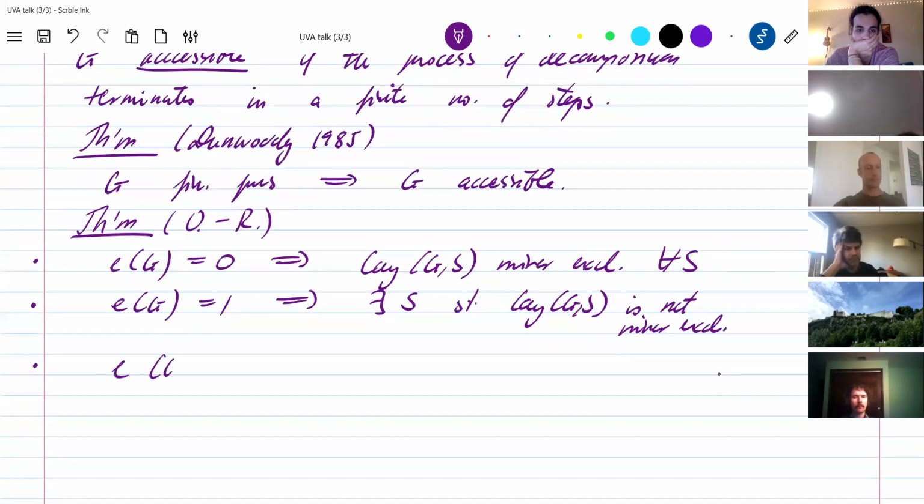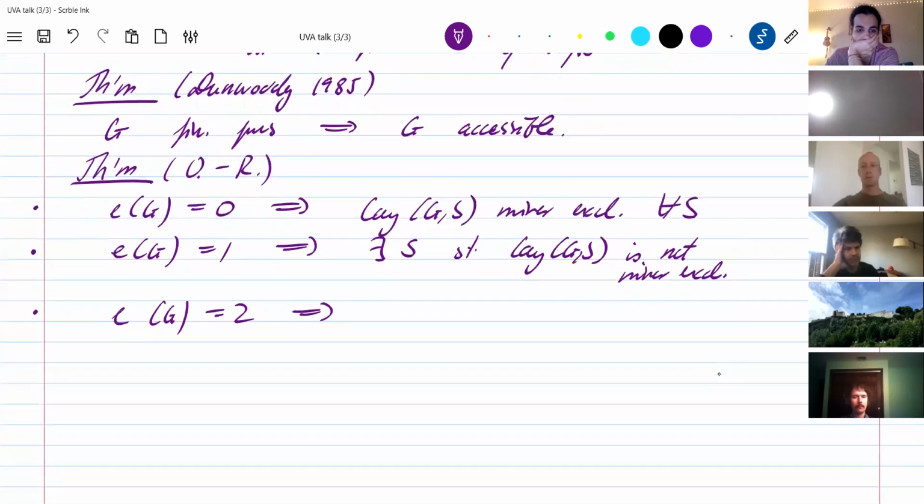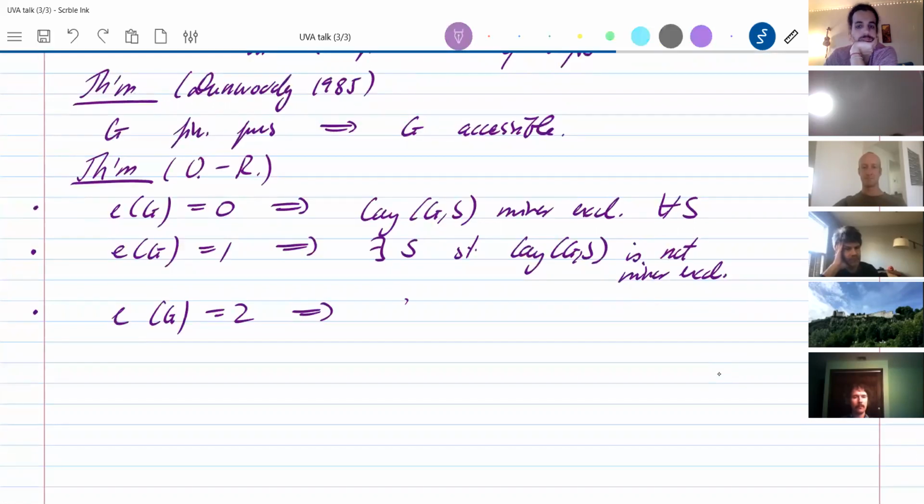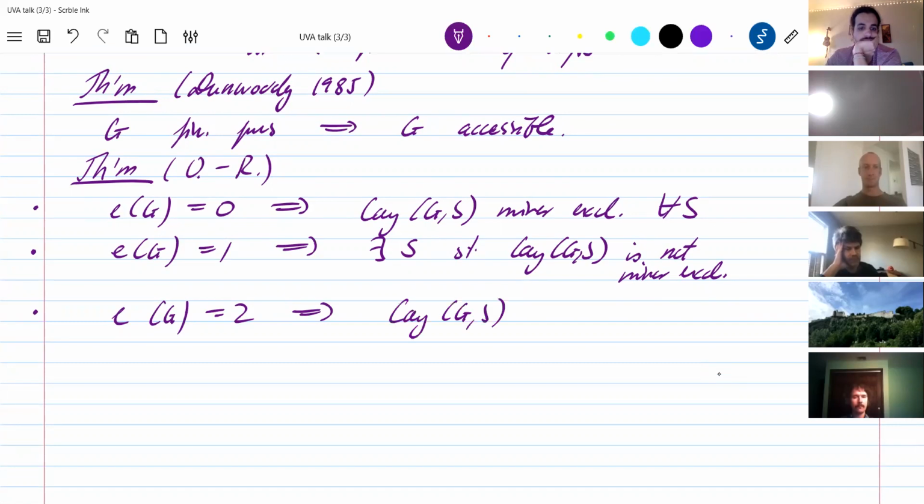Then for 2 ends, we know that our group is virtually Z, so it looks a lot like a thick line. And as you can imagine, you can't fit any minor that you'd like into a thick line, for the same reason as for virtually free groups.